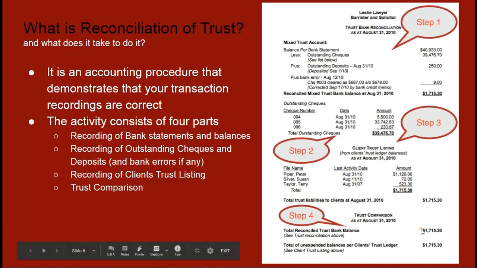And hence, the fourth step is really to compare, as of this date, and tell the Law Society through this reconciliation document that these are the two sets of data elements: your trust bank balance, which is coming from your financial institution, and your balances per client's trust ledger, which is coming from your bookkeeping system. Okay?